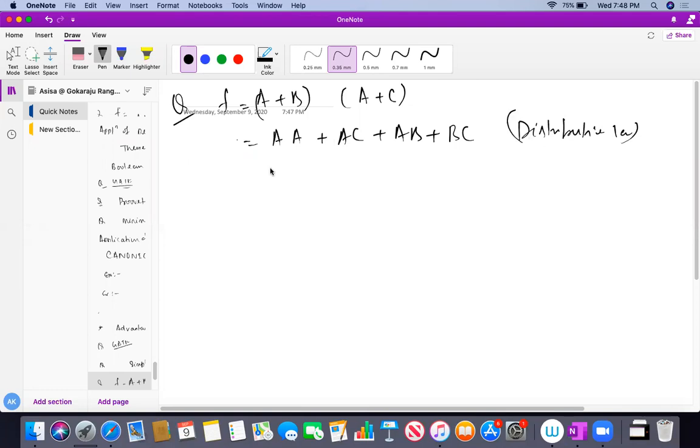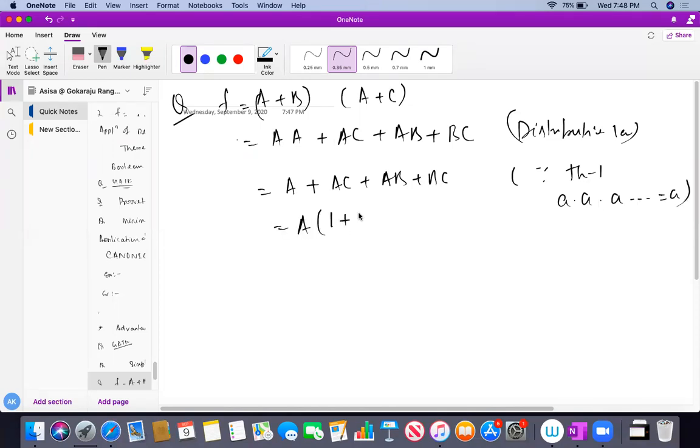A, and here AC, AB or BC. Here I have applied theorem number 1, idempotency: A and A is equal to A. So simply I can use A, take the distributive law again, 1 or C or B.